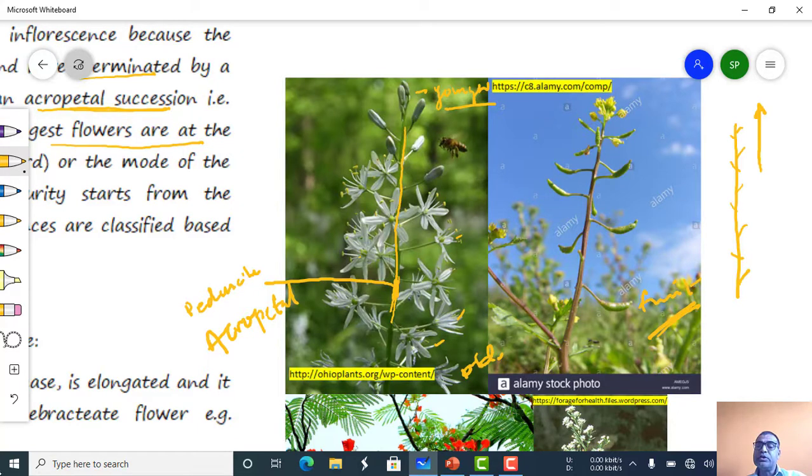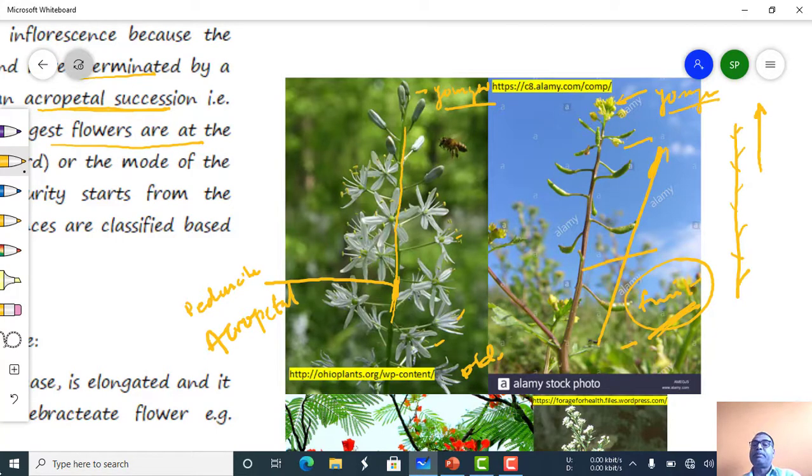Okay, if you see this one figure, here fruits are present. That means these fruits are developed from the oldest flower. Here a bloomed flower is present, while here in this case young flower buds are present. So this one represents the acropetal type of succession. Older flower present at the base, younger flower present at the apex.